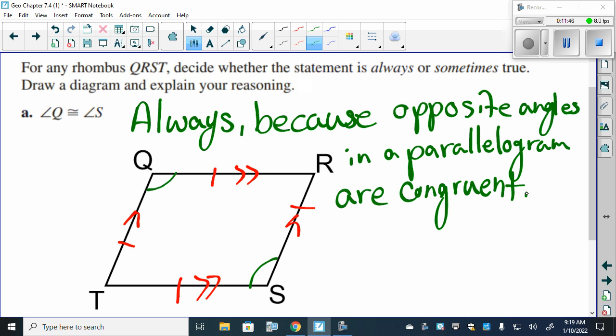Since it is a parallelogram, we can say that the opposite angles are congruent, which means angle Q is always going to be congruent to angle S. Any questions on this here? We ready for the next one?